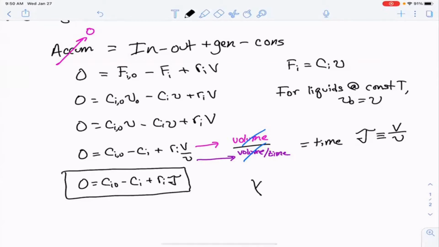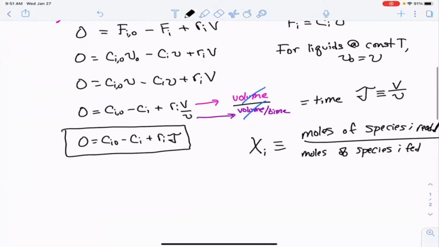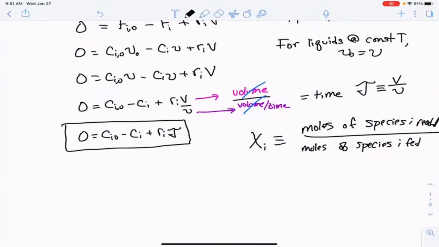If you remember, we already defined conversion earlier on in this semester as the moles of species i reacted divided by the moles of species i fed. And we define this for a batch reactor as N_i0 minus N_i over N_i0. Well, here, the moles that we're feeding at any given moment in time are a function of the flow rate.